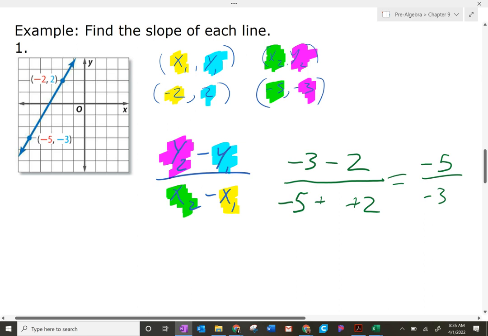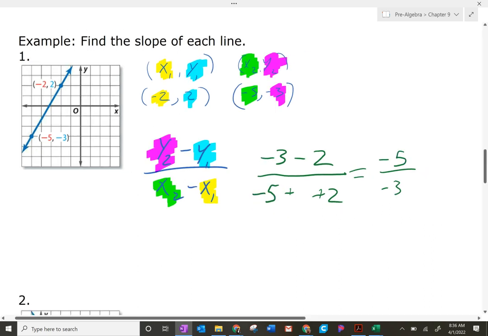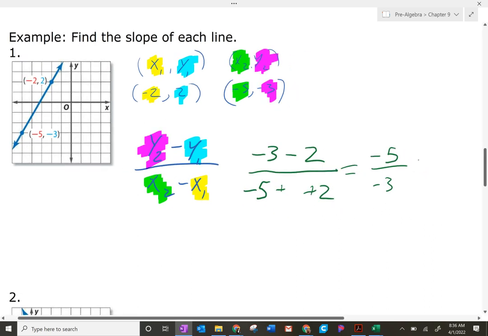I'm getting close. Now here's where I've got to make sure I double check this. I've got a negative on the top and I've got a negative on the bottom. Can I have 2 negatives in the exact same fraction? I cannot. So those ones will cancel out, and my slope is going to be 5 over 3.